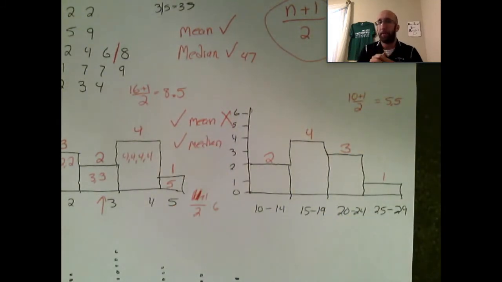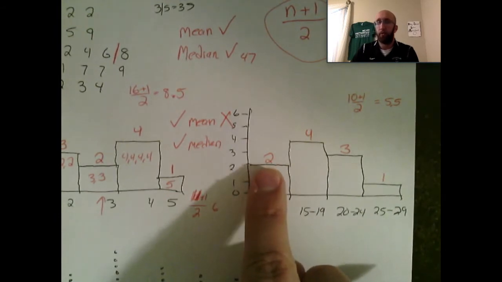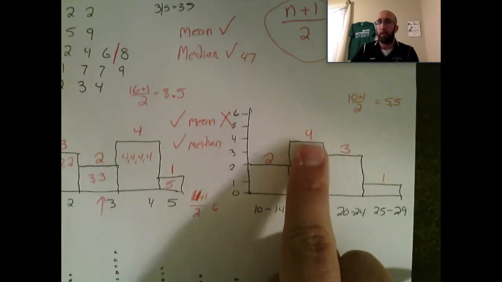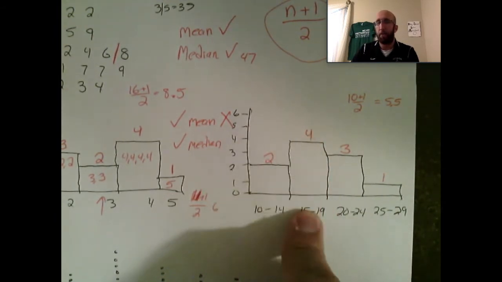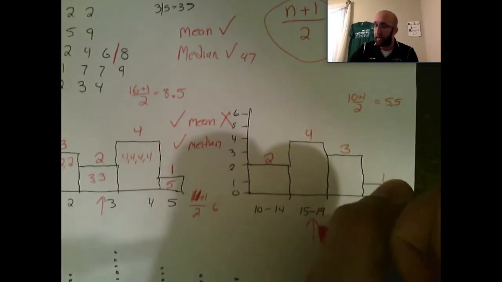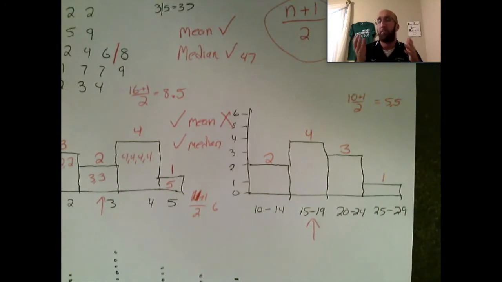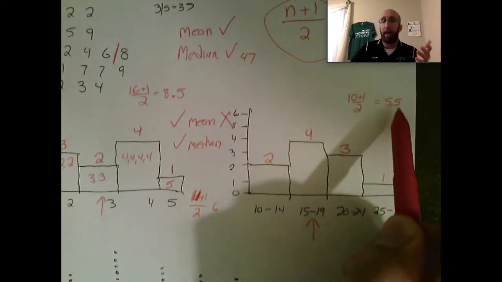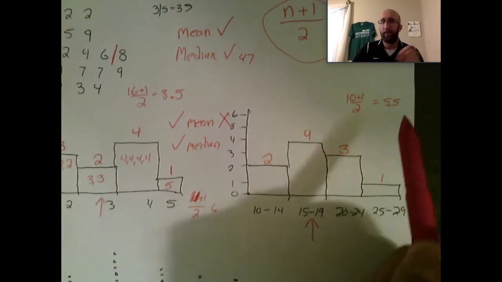So there's 2 here, and then the 3rd, the 4th, the 5th, and the 6th data point fall in here. So my 5th and 6th data point fall in the 15 to 19 range. So I can't tell you specifically what that median is, but I could say, hey, I know it's the 5.5 place in line, so it's between the 5th and the 6th.